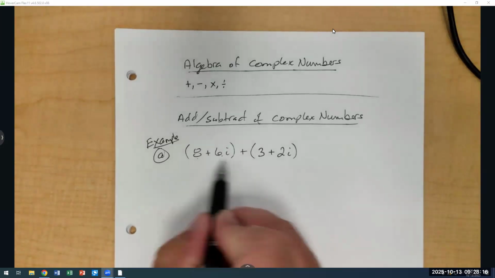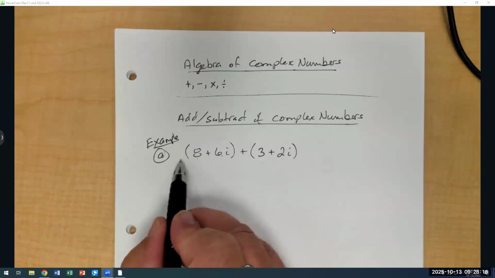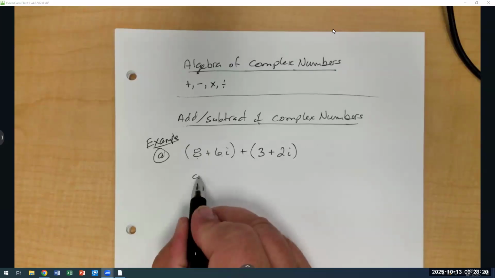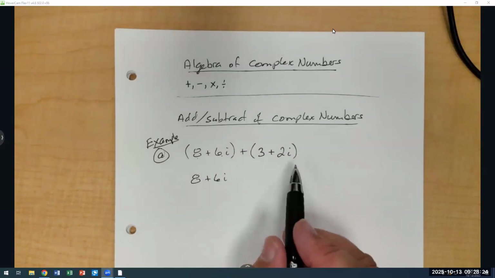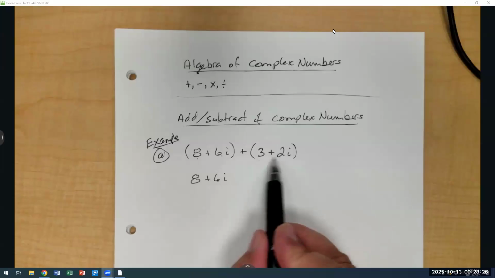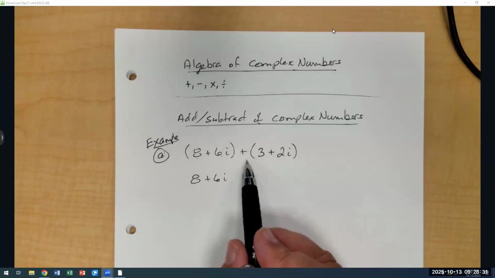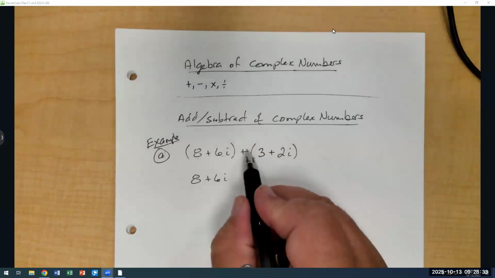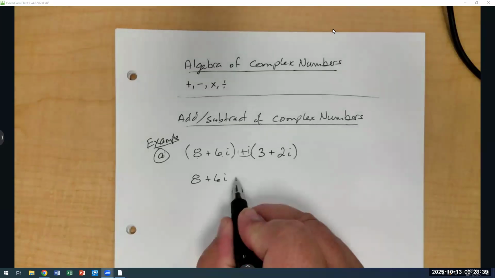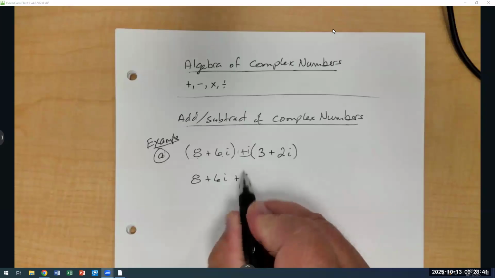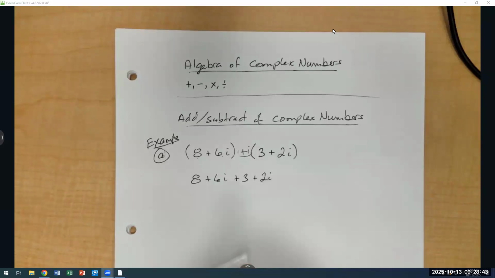So do we need the parentheses around this one? Is there a number in front of it? No. So we can drop the parentheses. How about the second one? We can't do anything inside there. Can we just drop it? Yeah, because there's a positive 1 in front of it. There's nothing to distribute. So we can just say plus 3 plus 2i.